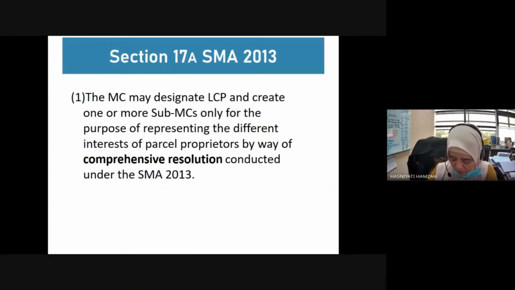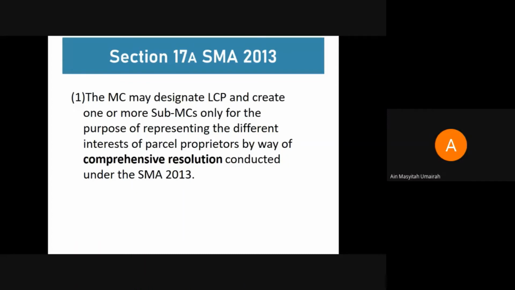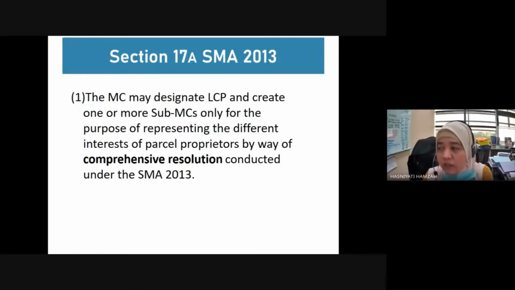Anyone else? Yes. Betul jawapan tu. Bukan cannot lah. Okay. Sebab kena ada 2 or more proprietors. Tapi kalau satu user pun ada 2. Satu use maknanya apartment pun ada 2 or more proprietors. Faham tak? Macam mana tu?